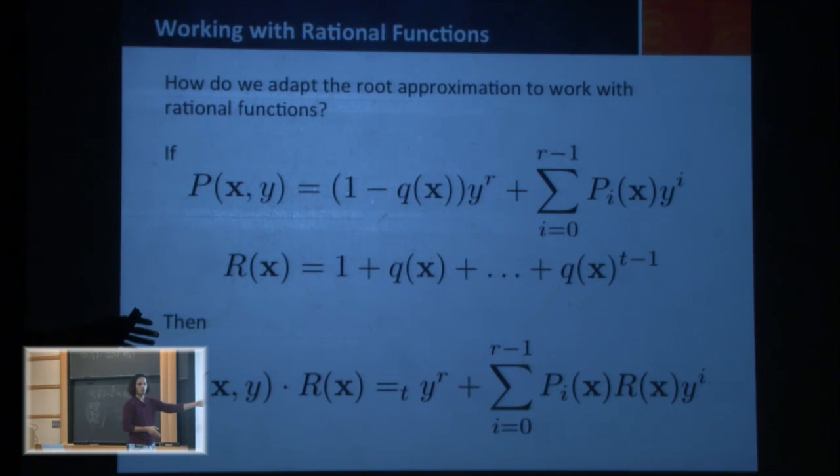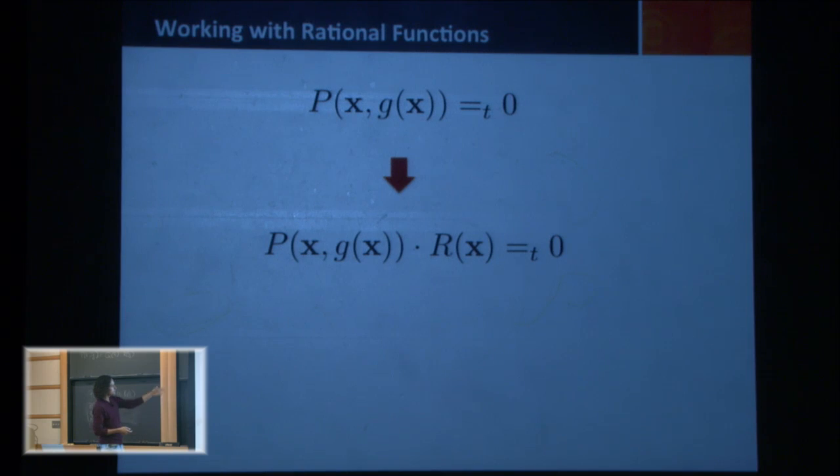So it's a monic polynomial, which is really what we liked, because we know how to approximate roots of monic polynomials. And this is equivalent to the rational function that I showed you back then, because this is equivalent to dividing by 1 minus qx, mod x to the t, like Avi was saying.